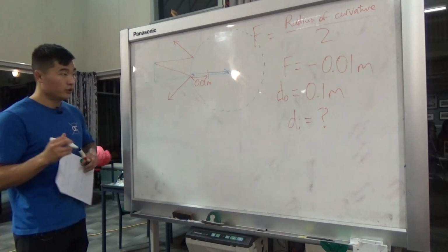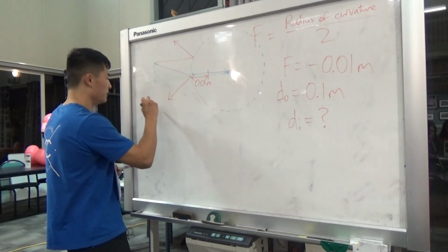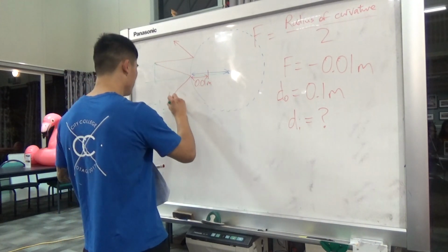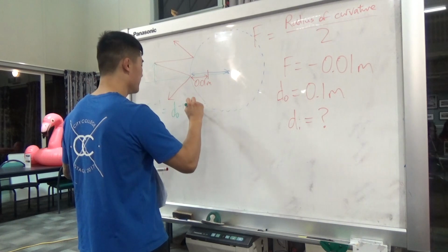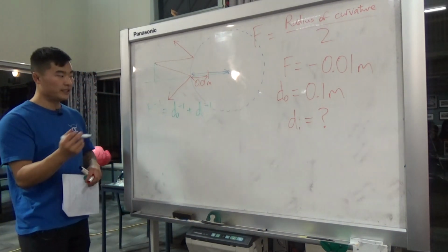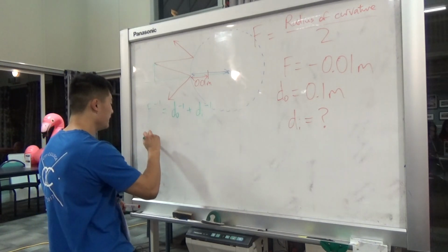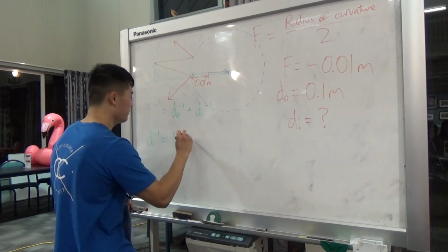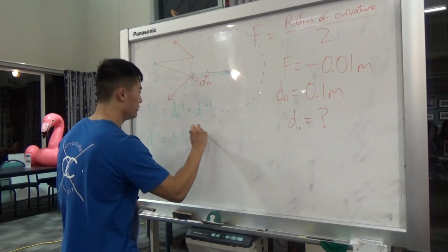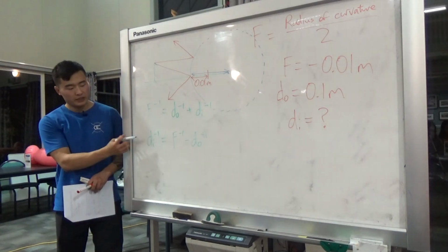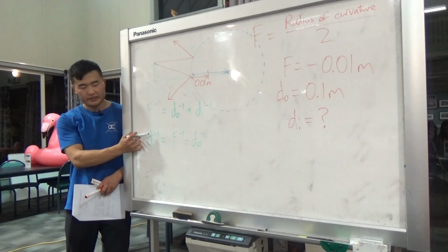All right, so we're going to use this equation: F to the negative 1, over the focal length, is equal to DO to the negative 1 plus DI to the negative 1. And since we want DI, that's going to be DI to the negative 1 equals F to the negative 1 minus DO to the negative 1. But here we just want DI, not DI to the negative 1.